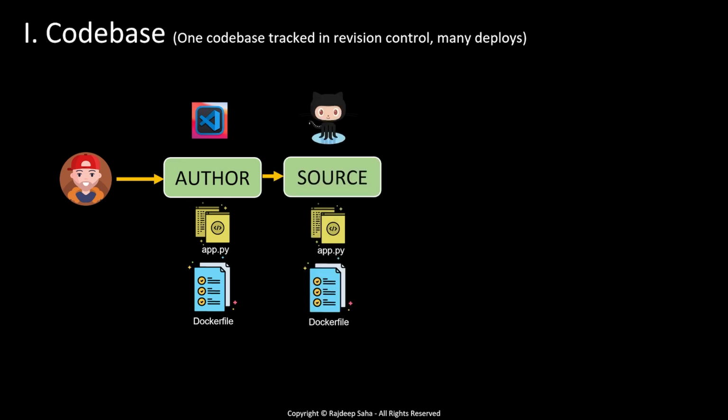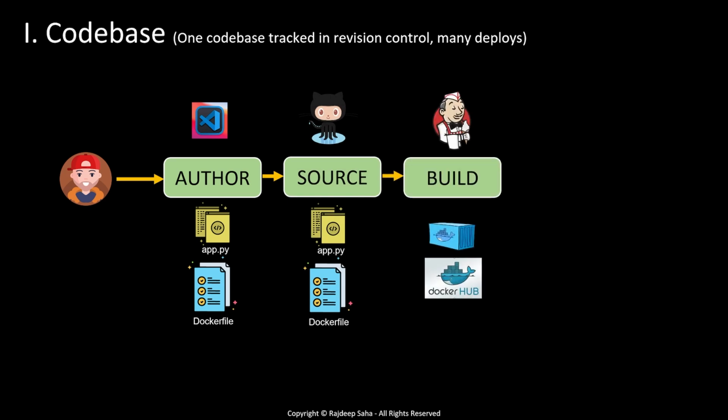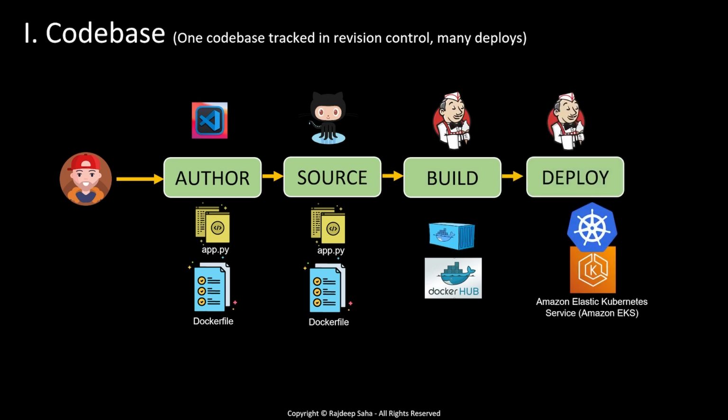You check your application program and Dockerfile into a source code repository such as GitHub. And then the CI kicks off and builds your container image, saves it into, let's say, Docker Hub. And then CD kicks off and deploys your container image into a Kubernetes cluster running in Amazon EKS.